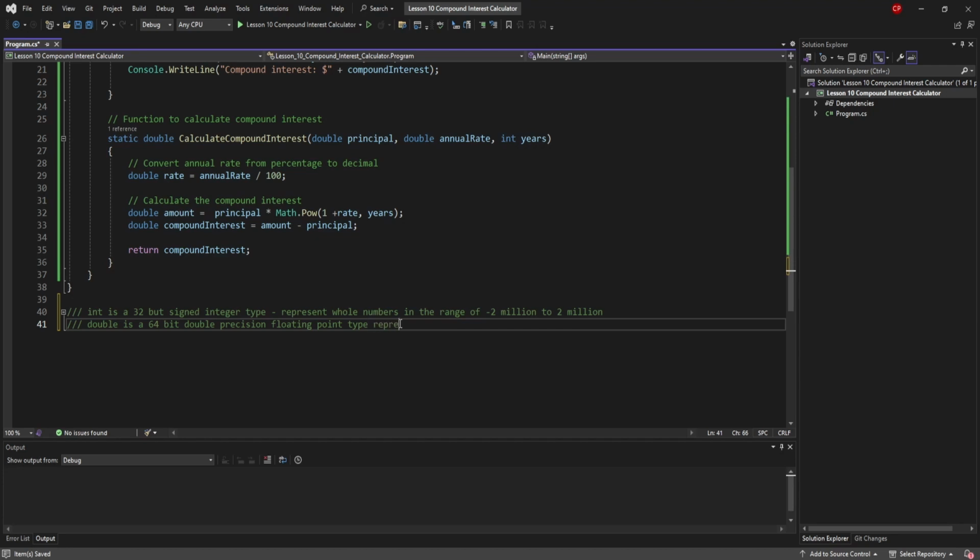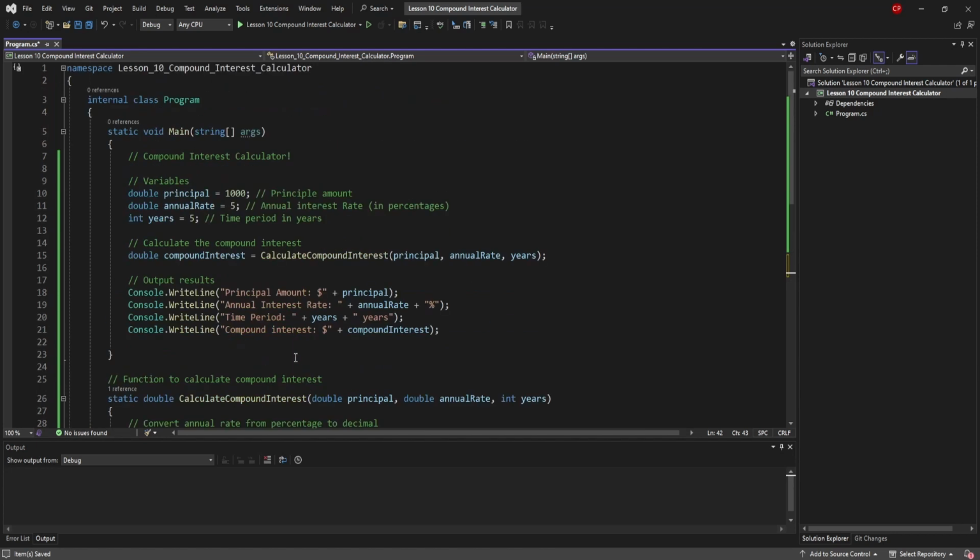And so that represents real numbers with decimal points. Oh, there it is, with decimal points. So it can represent a much wider range of values compared to int. Okay? Super duper nifty. All right.